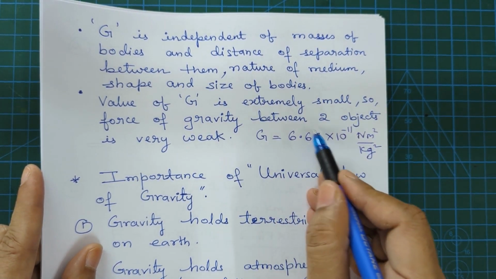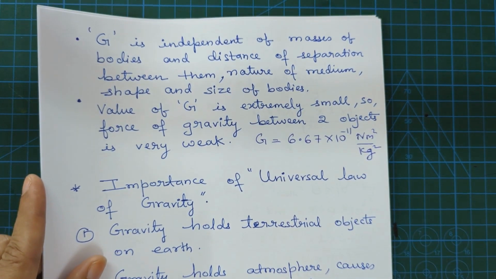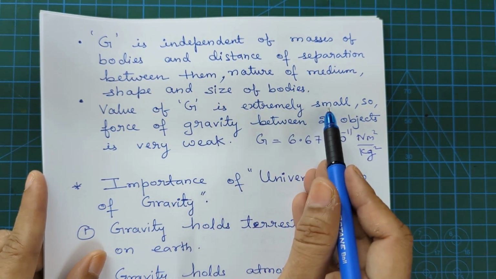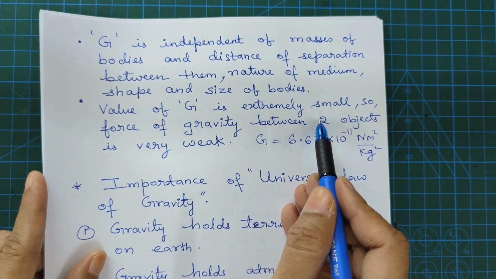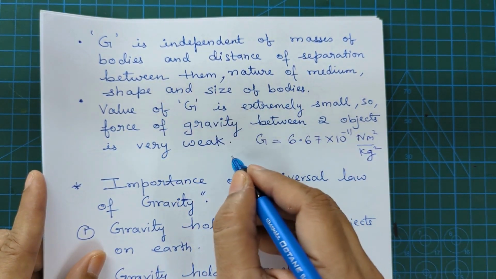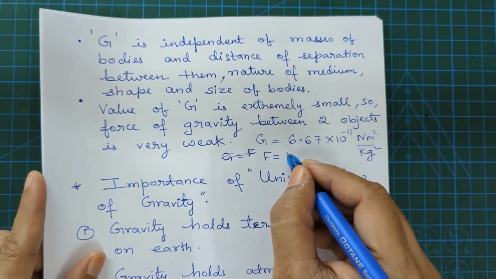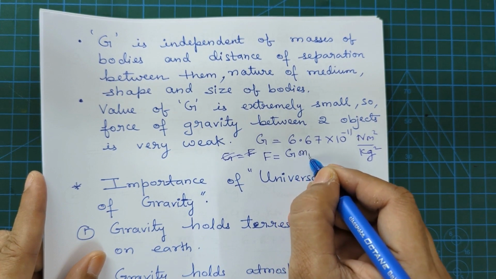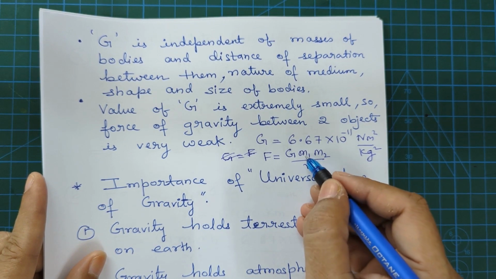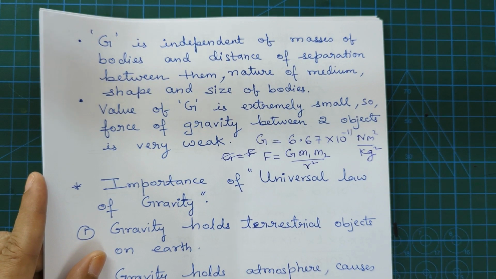So G is some number which is in 10 to the power minus 11. 10 to the power minus 11 is such a negligible number that the value of G is extremely small, so the force of gravity between two objects is automatically very weak. What is the meaning of this sentence? The force of gravity between any two masses is calculated using the formula G m1 into m2 by r square. Now the two masses may be whatever, huge, small, whatever.